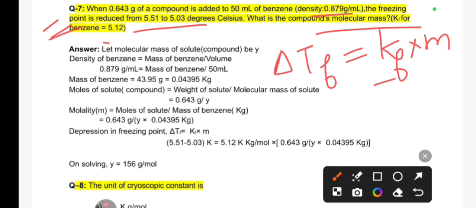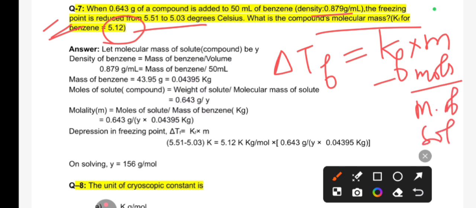Kf value is given to you, that is 5.12. And molality is equal to moles by mass of solvent. So what you have to solve here: first you can solve the moles, and after calculation of moles, you can solve the molar mass. Everything is given to you.